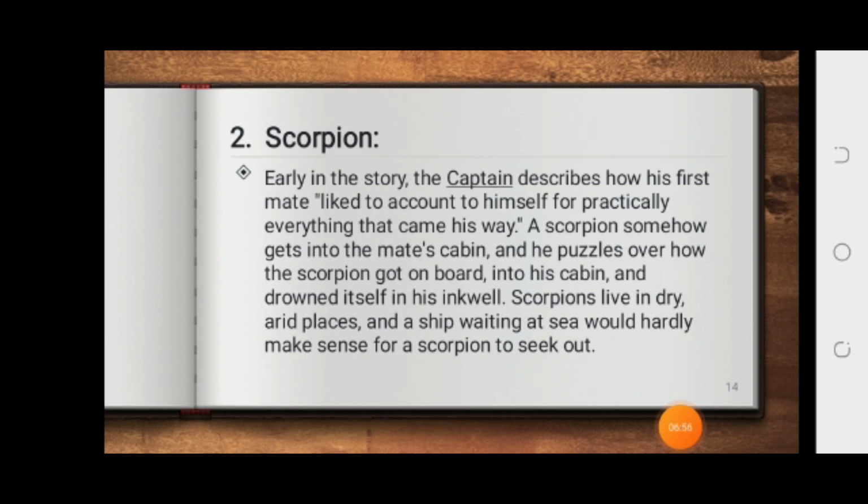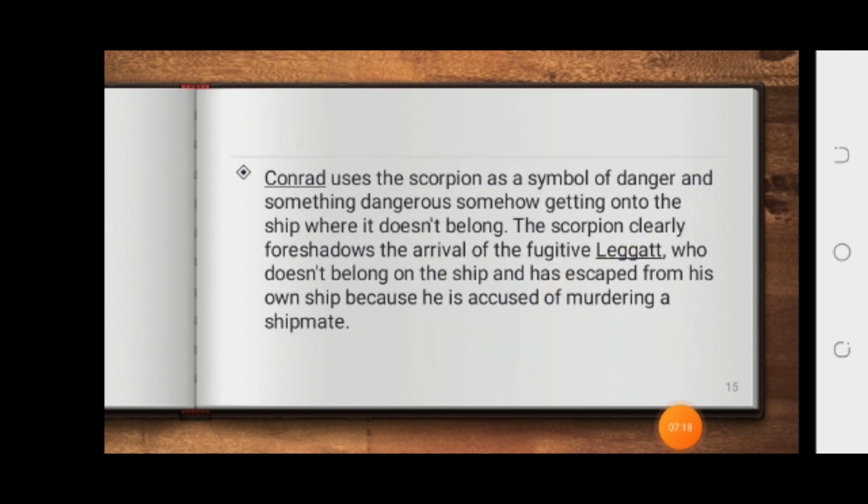He just kind of panics, and at that time he is in his cabin and the scorpion drowns itself in an inkwell. Scorpions live and dry.